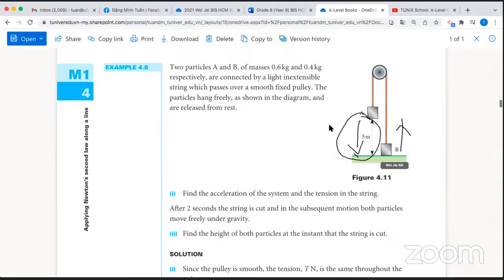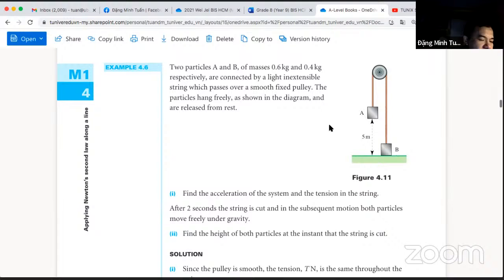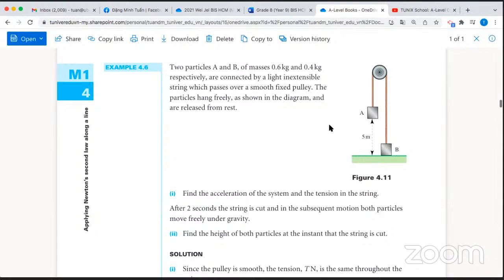The acceleration will be larger than B's acceleration. No, the same acceleration. From A's point of view we're going down, and since this is a pulley, it goes up. So we take an A acceleration.